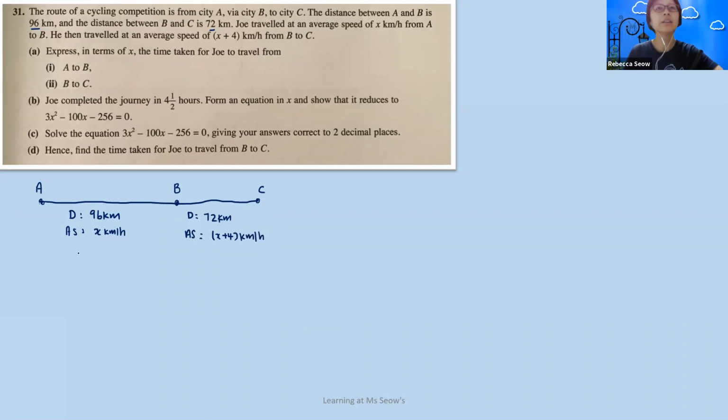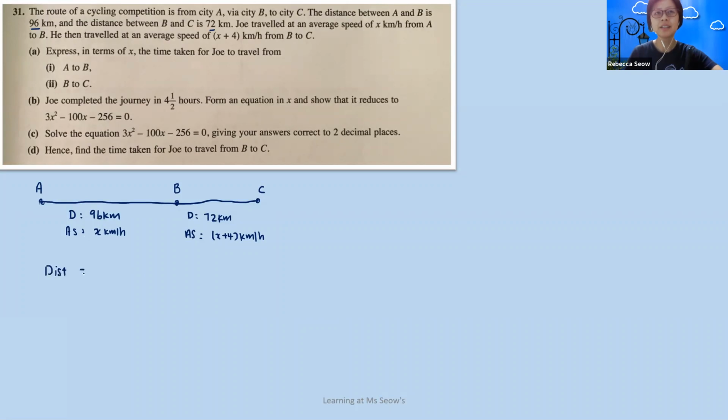Now next. Question A, express in terms of X the time taken for Joe to travel from A to B, B to C. As we know, when we learn in primary school, with regards to distance, speed, and time, there is a formula that we follow, right?